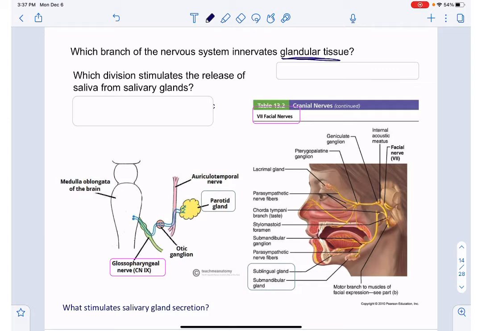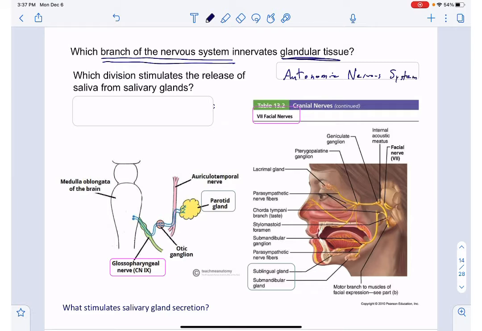And my first question to you is, which motor branch of the nervous system is going to innervate these salivary glands and cause the secretion of saliva? And the answer to that is the autonomic nervous system.